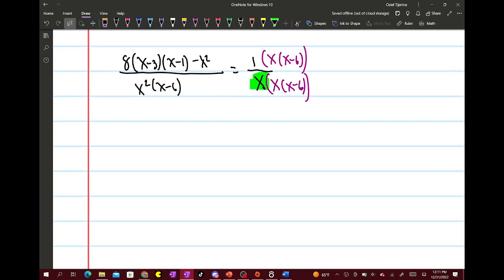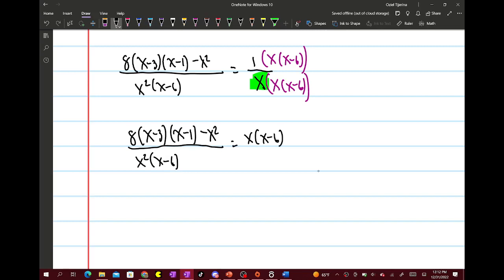So then this will be 8 times (x minus 3) times (x minus 1) minus x squared all over x squared times (x minus 6) is equal to x times (x minus 6) over x squared times (x minus 6).